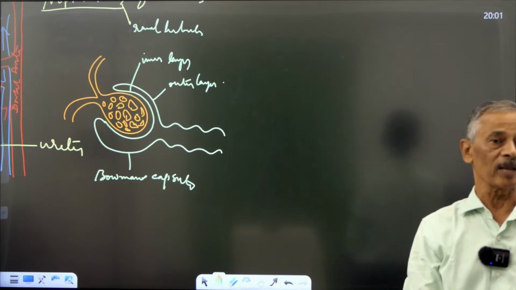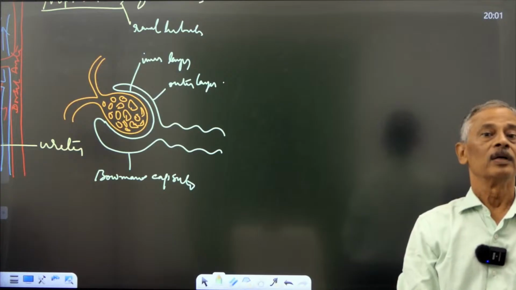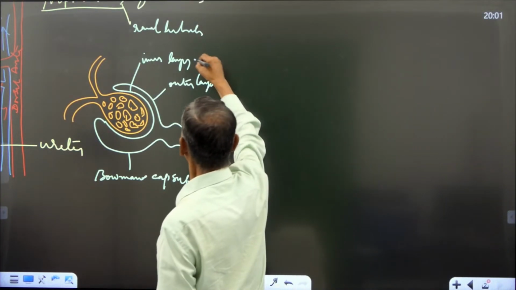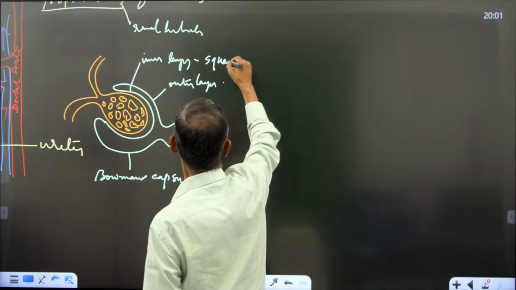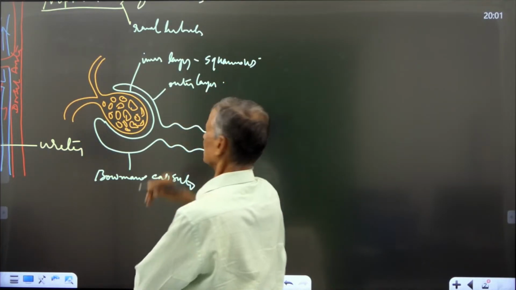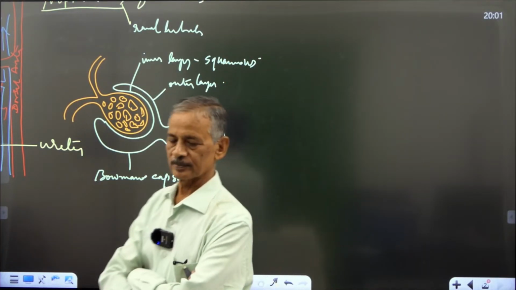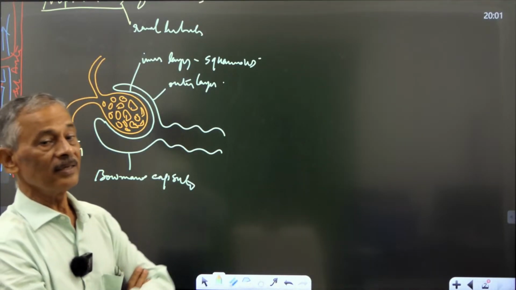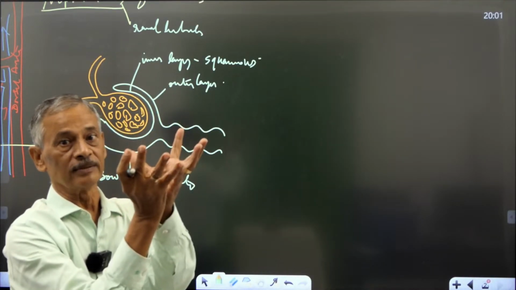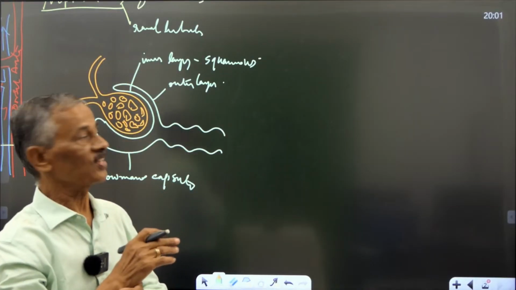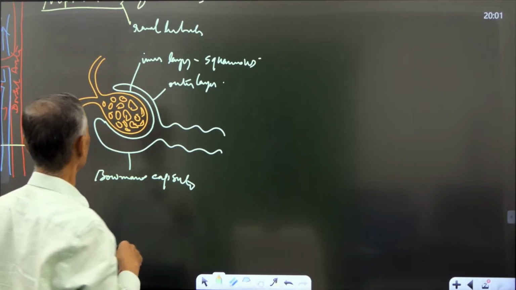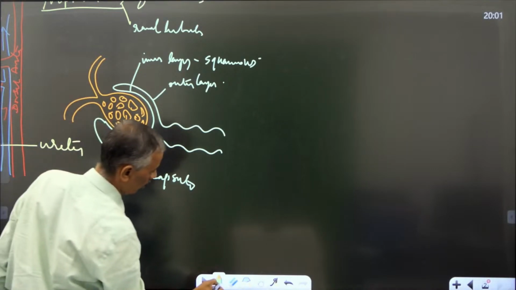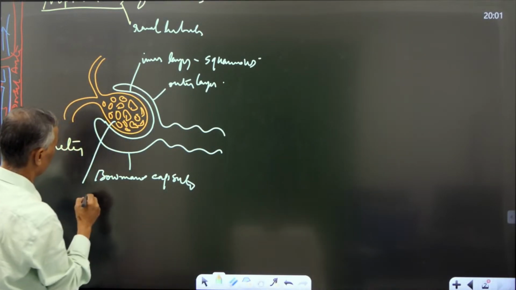Inner layer is made up of thin, flat, squamous epithelium. Squamous epithelial cells. So it's thin, flat. And this cup will be enclosing the knot of blood vessels called glomerulus. Bowman's capsule plus the glomerulus it carries.